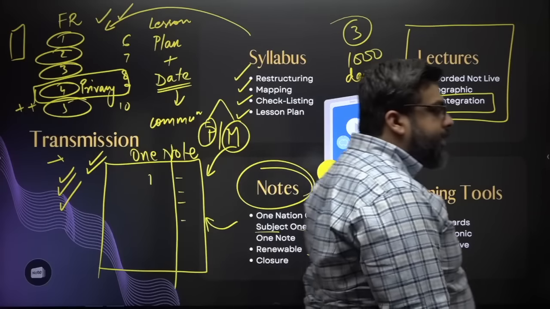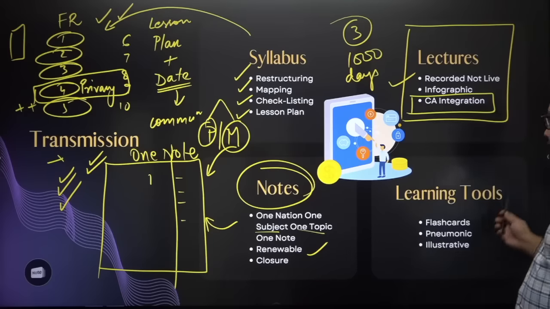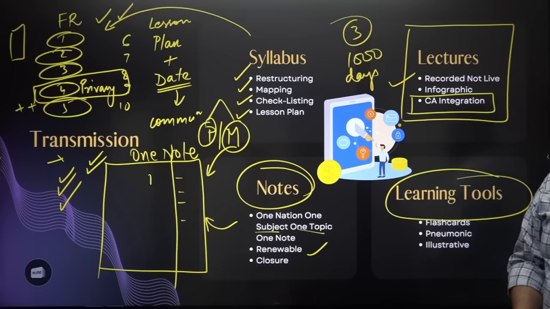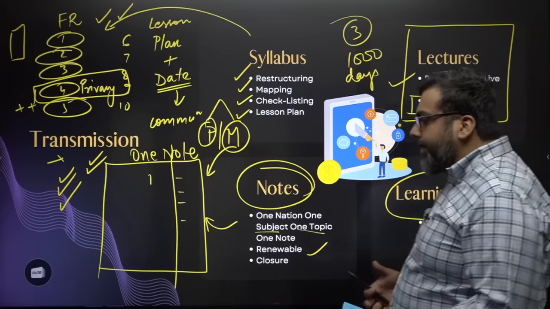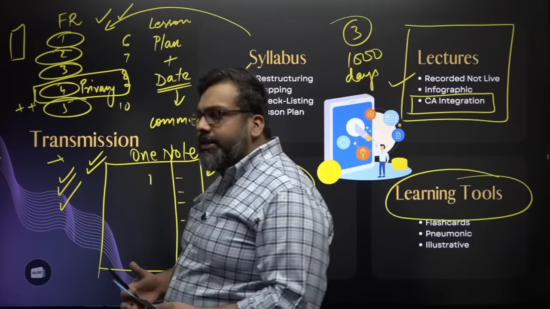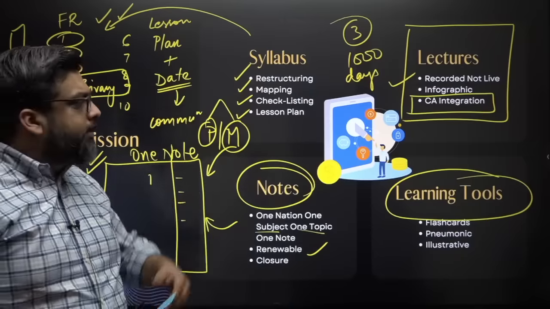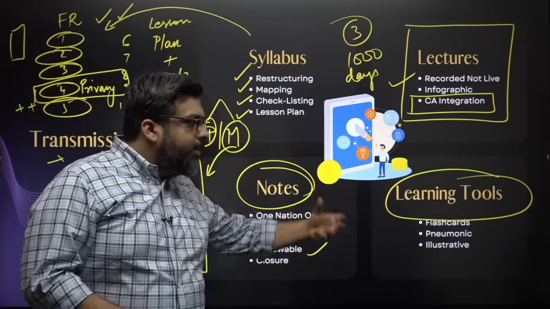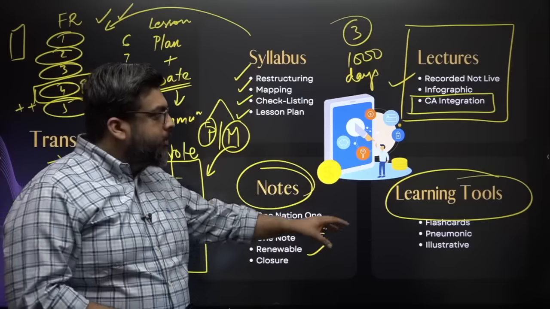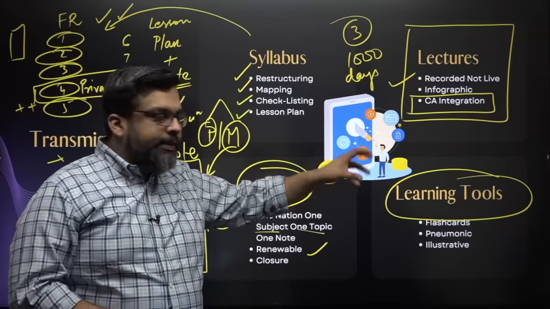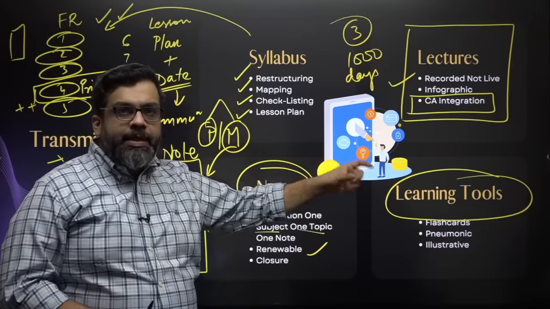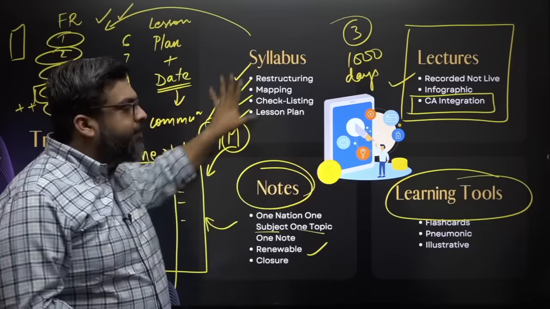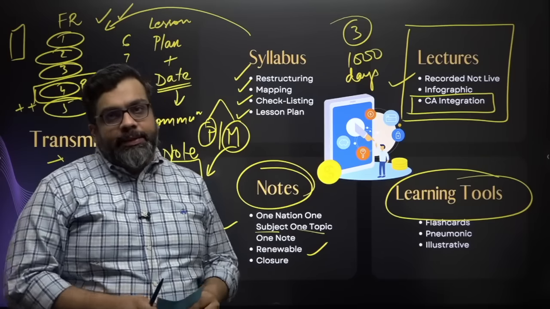In addition to this, I will also be giving you some learning tools such as flashcards, timelines, mnemonics, certain illustrations, some example-driven lectures, something or the other to aid your learning process. This would be on a need basis wherever it is possible to implement it or embed it, but your three fundamental pillars remain the same.